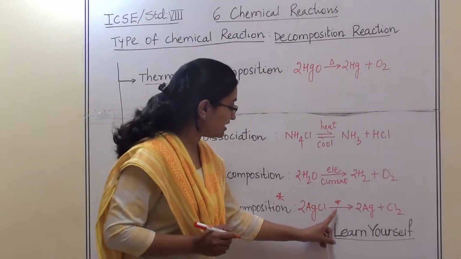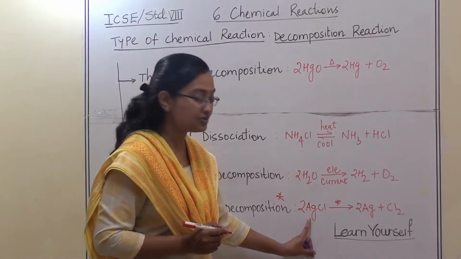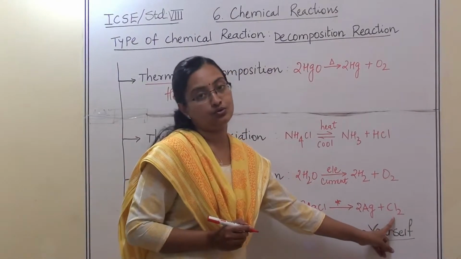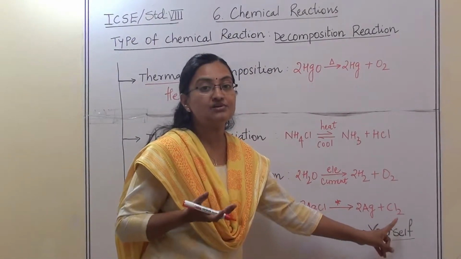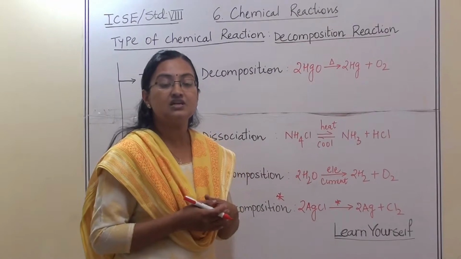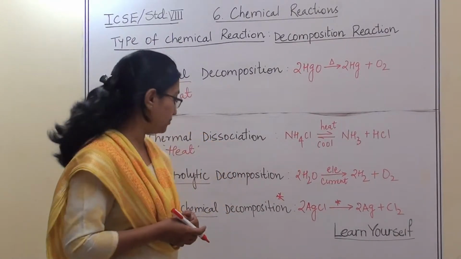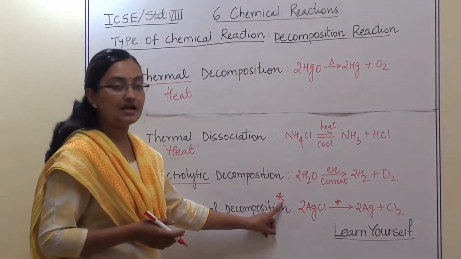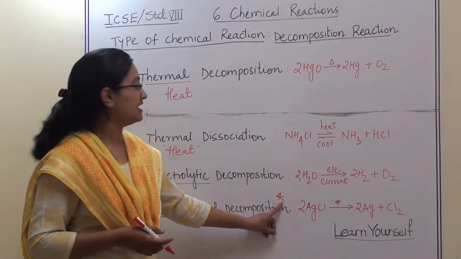So when sunlight directly falls on silver salt, it will decompose into silver and chloride. They are very unstable salts, so in the presence of sunlight, they can decompose. So photochemical decomposition is carried out with the help of sunlight.